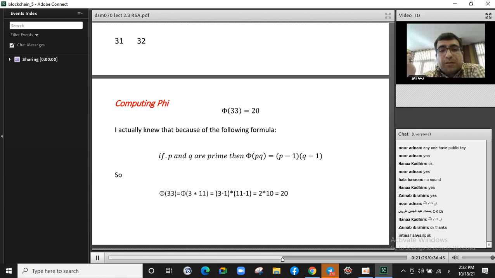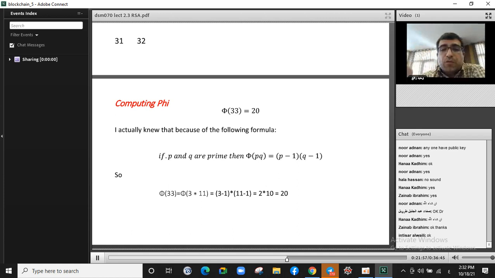If P and Q are both primes, then totient of P product Q is equal to P minus 1 multiplied by Q minus 1. So totient of 33 is totient of 3 multiplied by 11, and it's equal to 3 minus 1 multiplied by 11 minus 1, and it's 20.